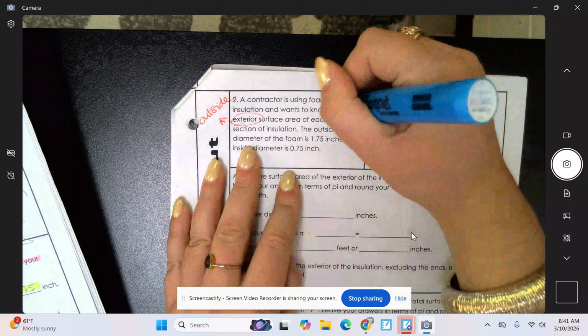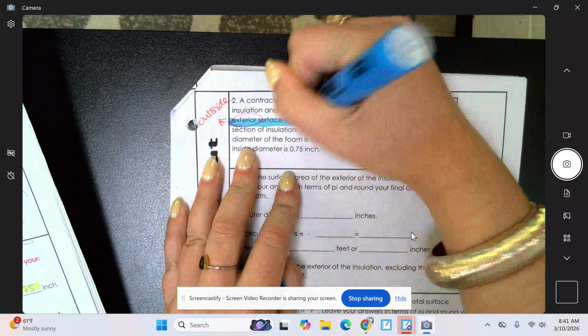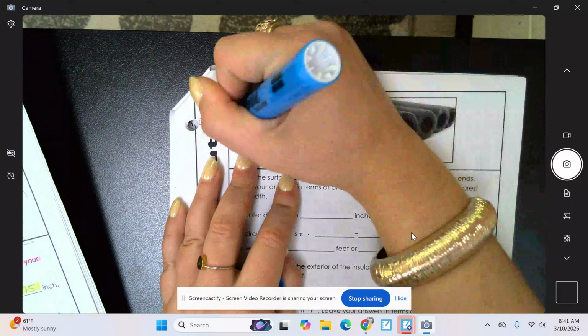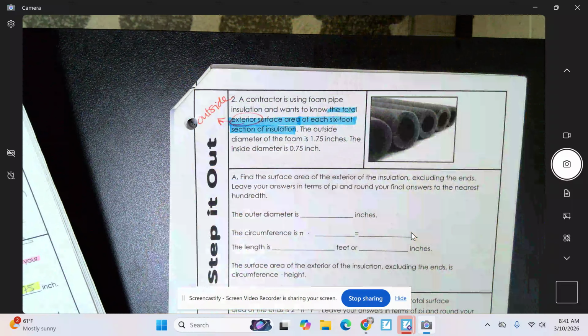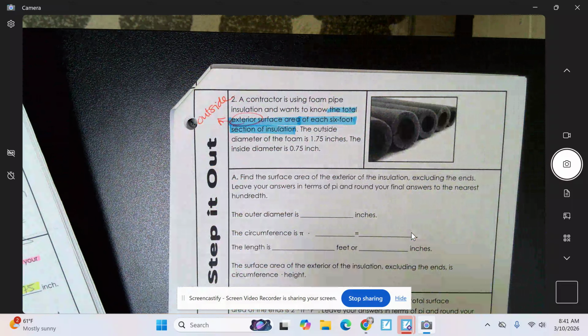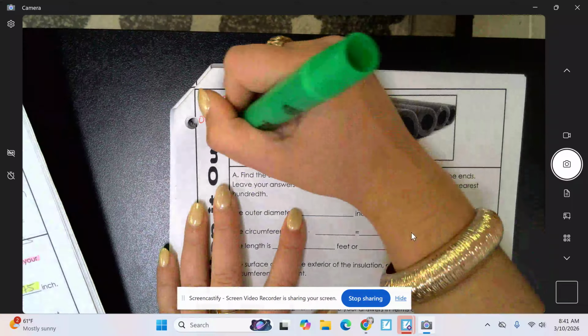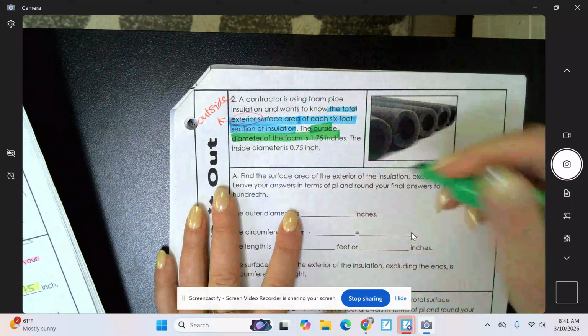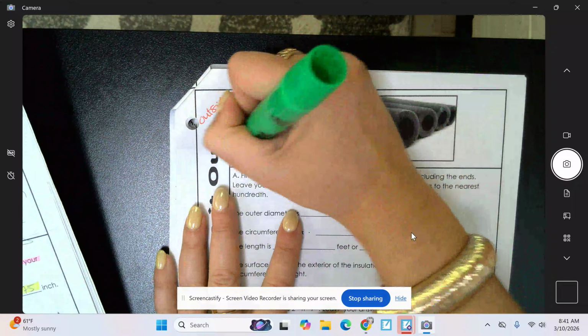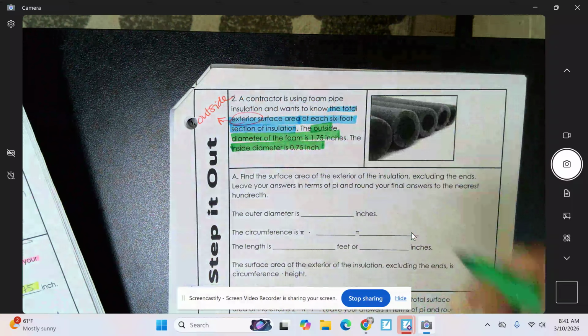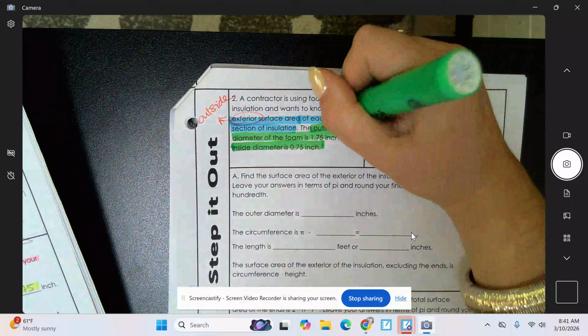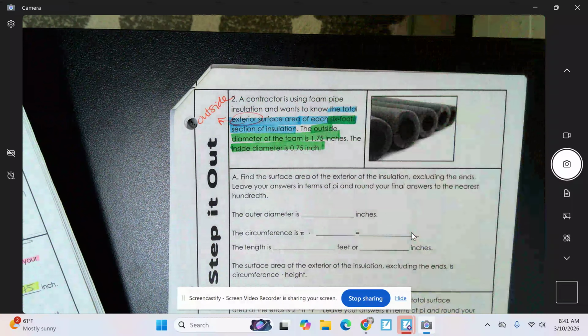The total exterior surface area of each 6-foot section of insulation. Is there any important information in here? The outside diameter is this, the inside diameter is this, and they're 6-foot long pieces.